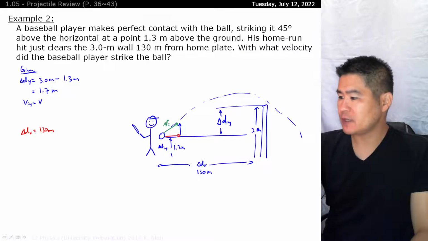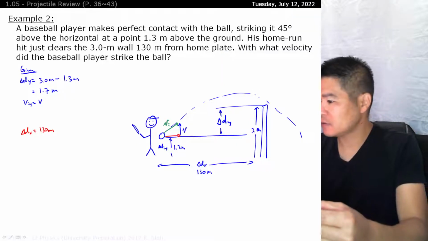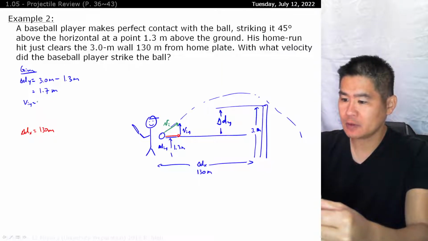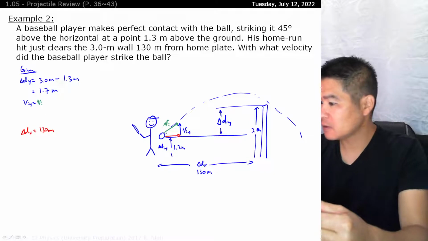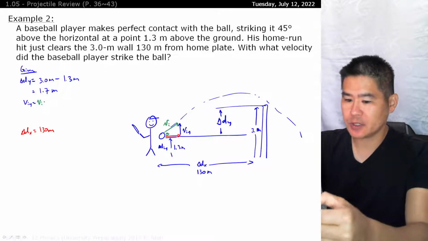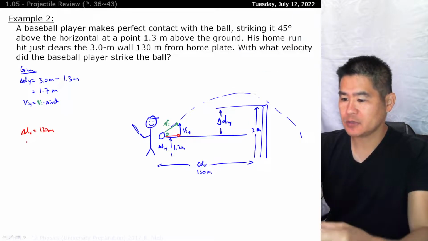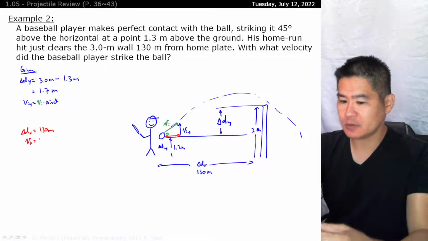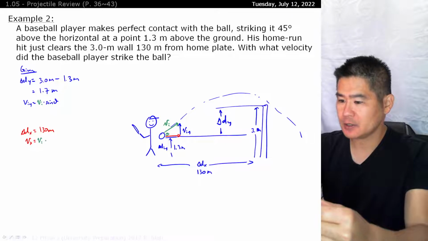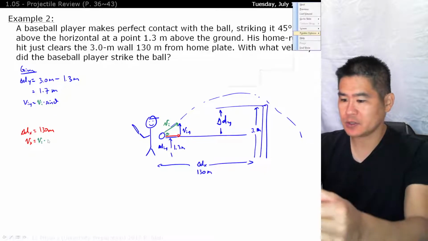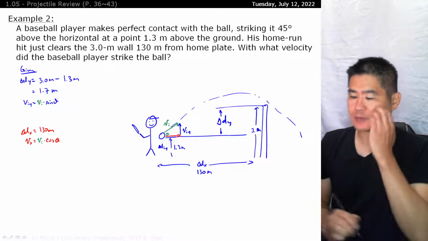Okay, so your VI in the y dimension is equal to your VI, and that's opposite, so that's VI times sine of theta. Similarly, your Vx is equal to your Vi times, and that's adjacent to theta, so times the cosine of theta.